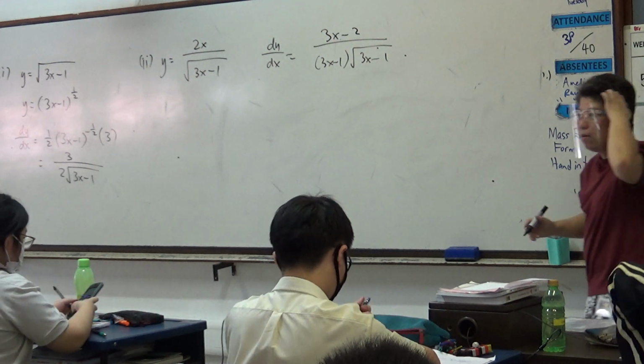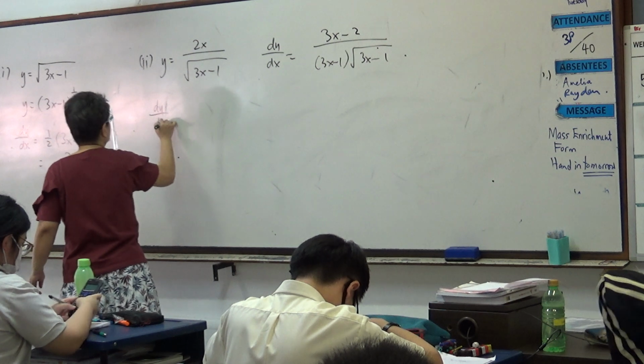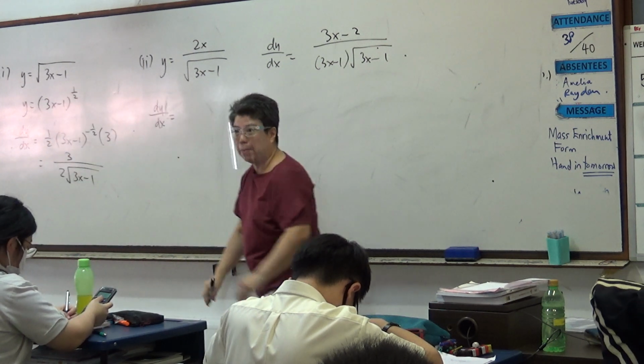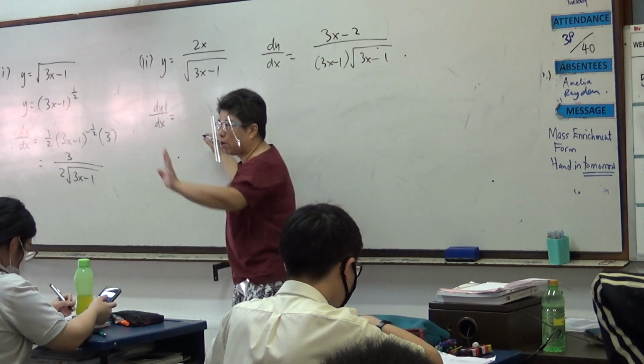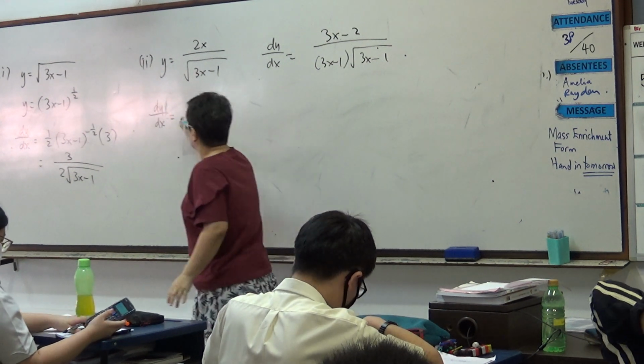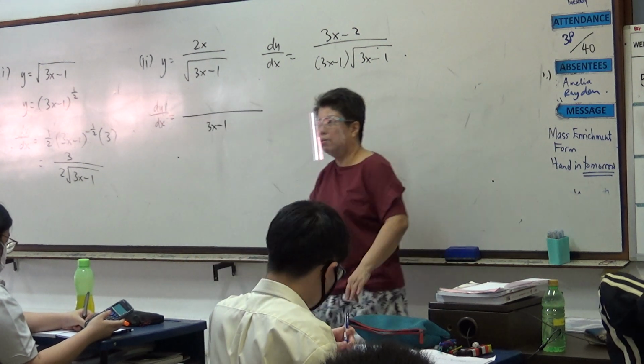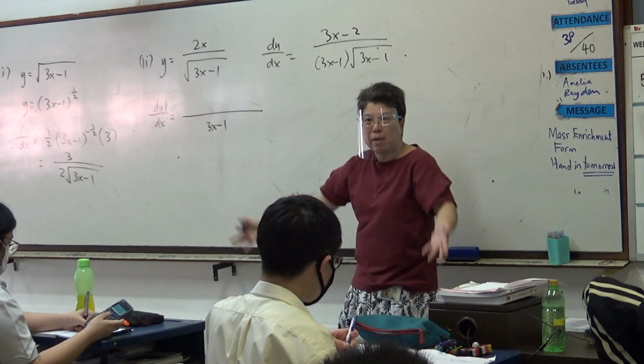Understand? Okay. Quotient rule says what? You square the bottom. Am I right? Okay, all of you look up. Don't copy. No need to copy. It's in the textbook. You square the bottom. When I square this, I'm left with this one. Alright, I square, it becomes the same thing, right?